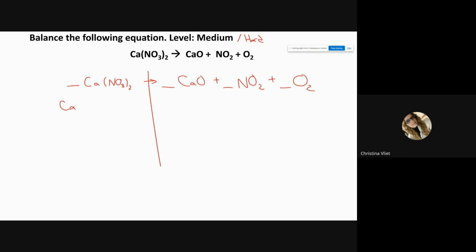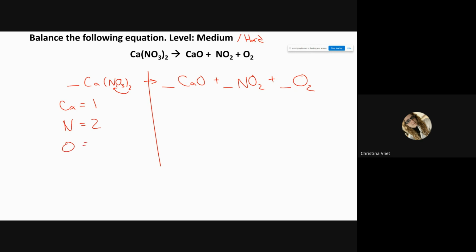Calcium on the reactant side, how many? One. Should I keep the polyatomic ion together or not? The answer is no, because it's not on the other side. So break it apart. Nitrogen, how many do I have? Two. 2 times 1.